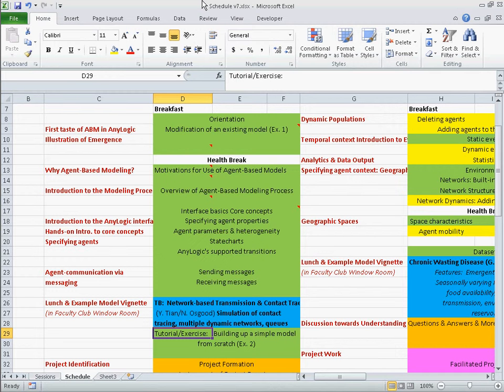We continued on to discuss yesterday a variety of basic subcomponents within these sorts of models. So we built up models within the AnyLogic interface that included some basic elements of heterogeneity. We had individuals within the population represented by agents who differed in income and sex, for example.